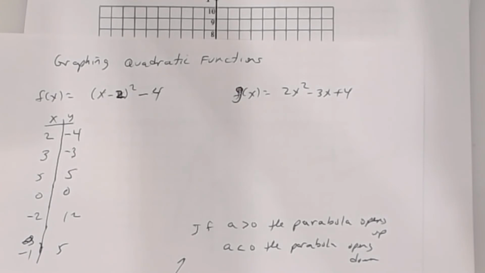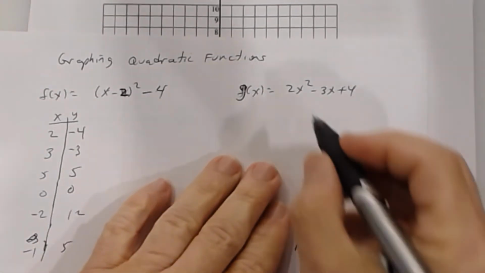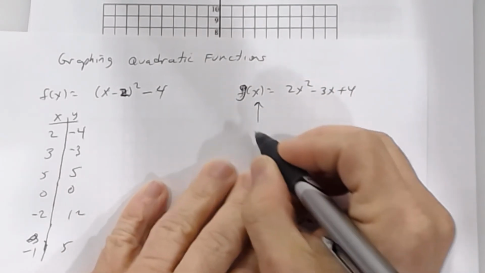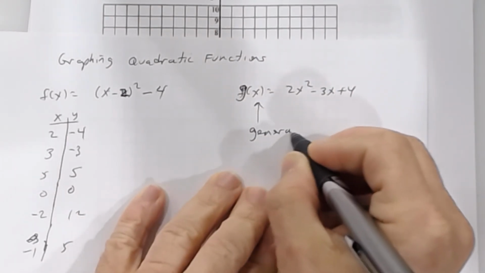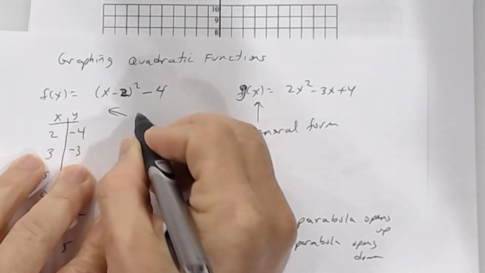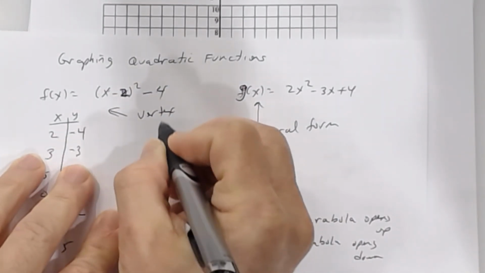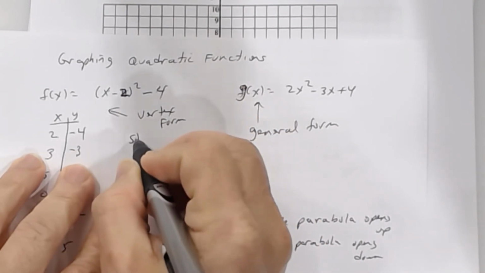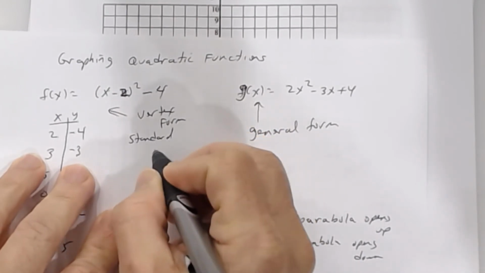g of x, is that vertex form? No. That's just a regular trinomial, right? That's called general form. So this is in general form, and this was in vertex form, sometimes called standard form, depending on your textbook.